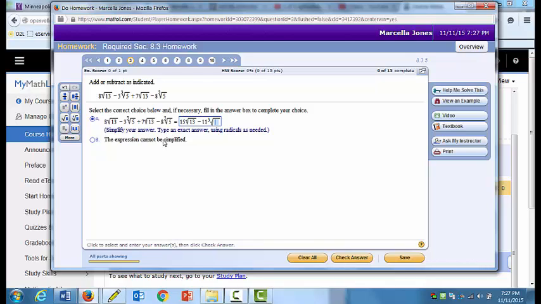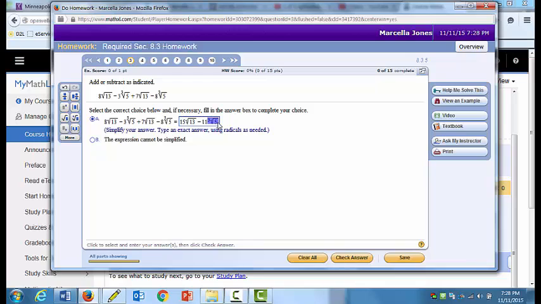And even though that looks the same to you, the computer is looking at the formatting of it, understanding what you formatted in. So to the computer, this is minus 11 cubed times the square root of 5, which is incorrect.